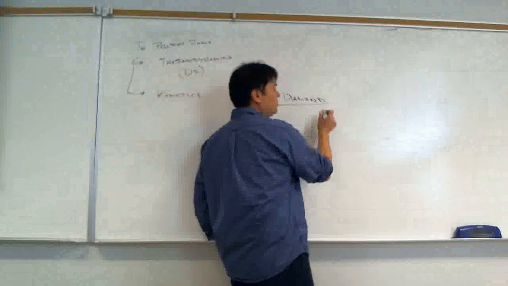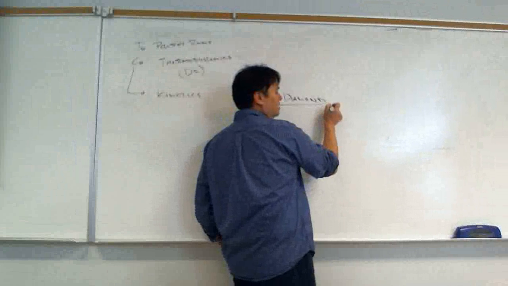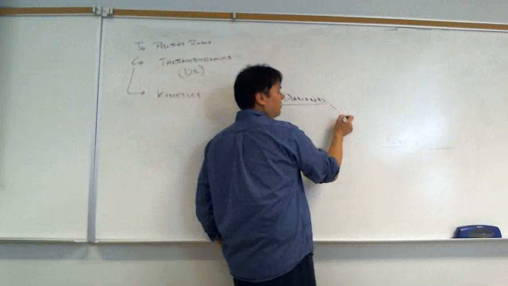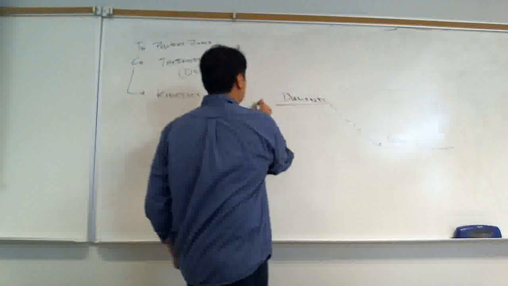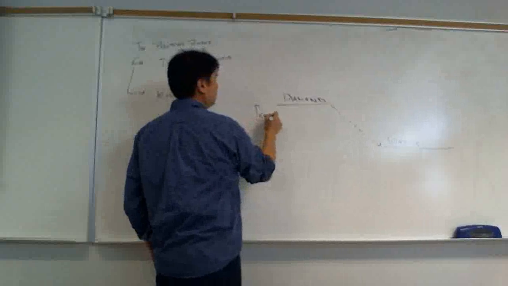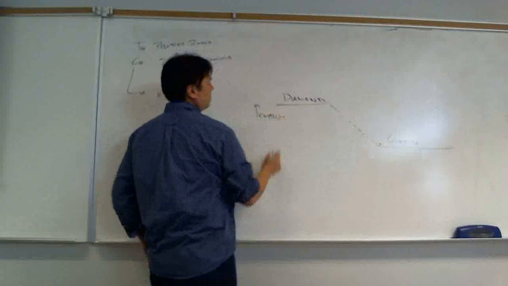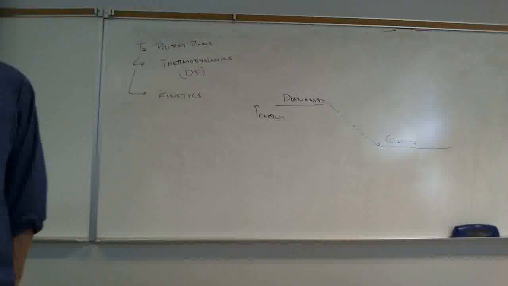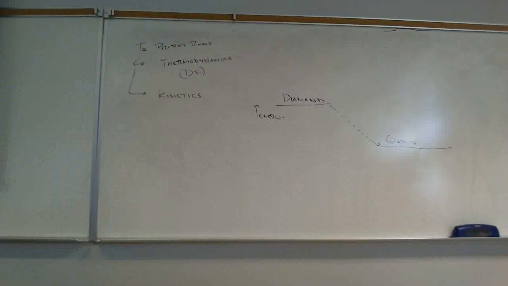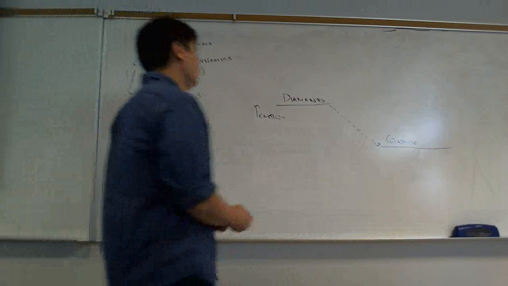And so there should be a driving force, because things tend to go from less stable to more stable in terms of energy. So diamond is a higher energy form of carbon, graphite's a lower energy form of carbon. And so we want to go from less stable to more stable. We have a driving force.